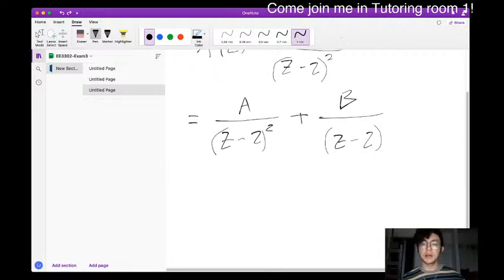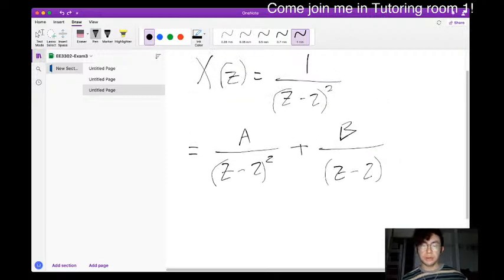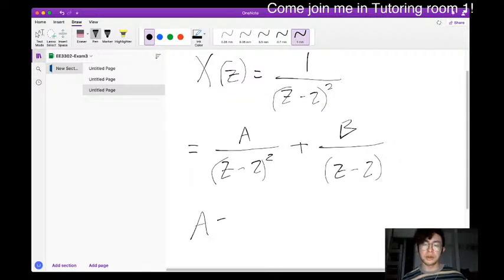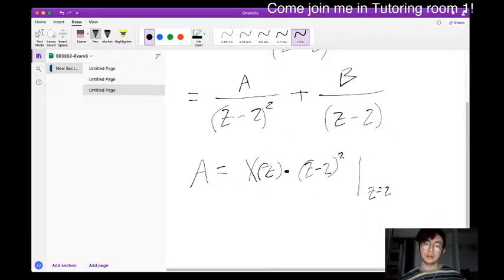Now let's go ahead and evaluate for A and B. So now A, we can actually do the cover-up method again. So if we multiply X(z) times our highest multiplicity, so z minus 2 squared, and then we take it at z is equal to 2. So let me go ahead and write this out explicitly so it's clear.